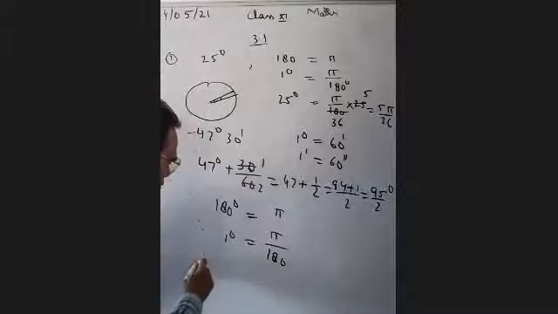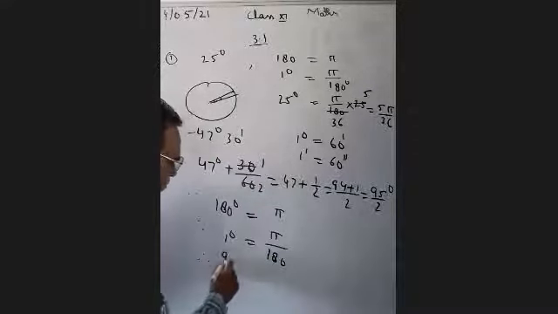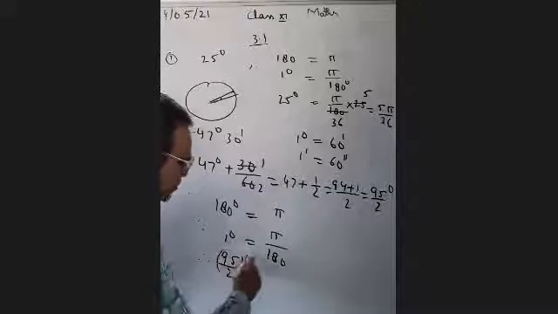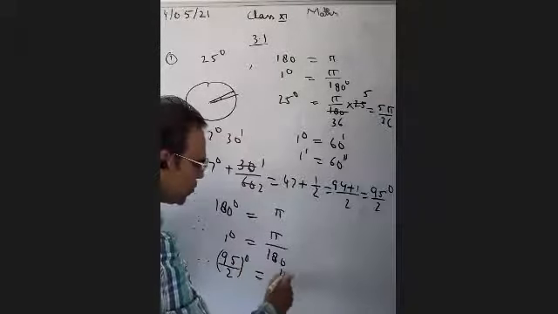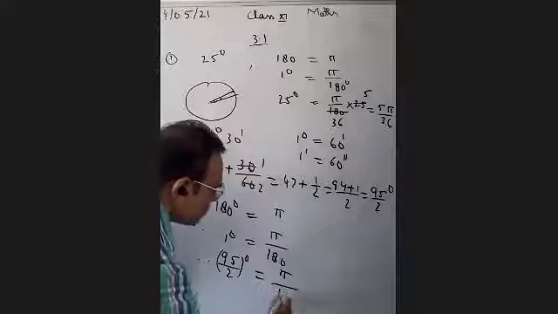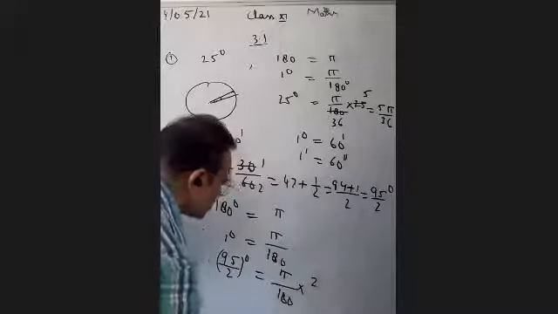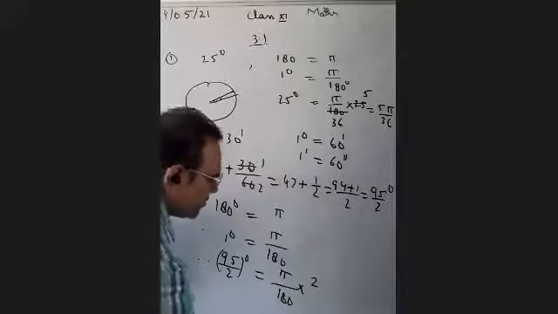So the value of 95 upon 2 degree will be equal to pi upon 180 into 95 upon 2.